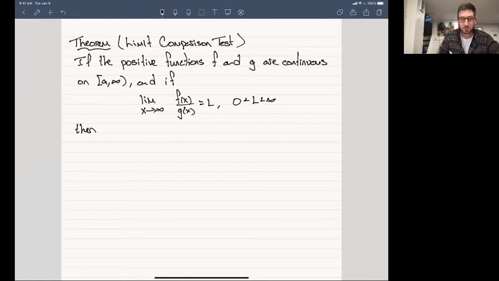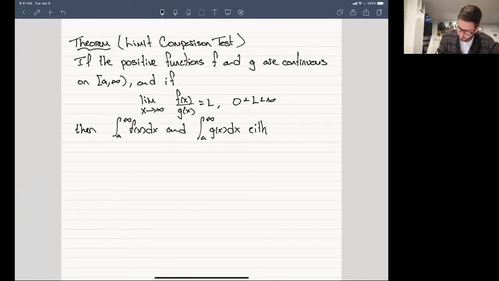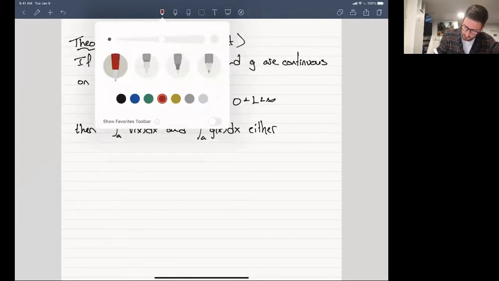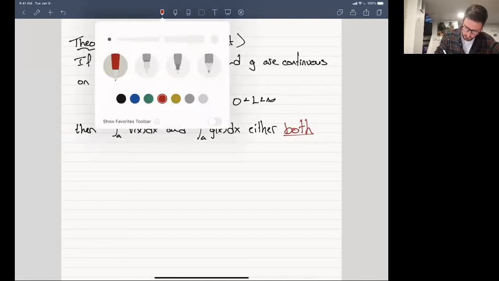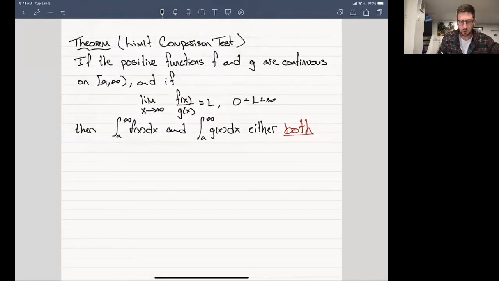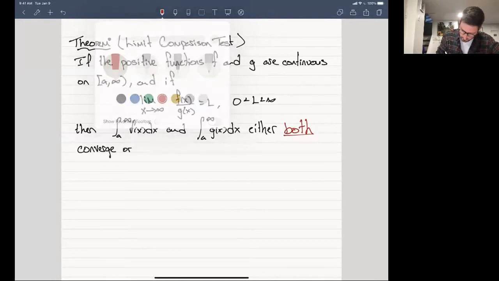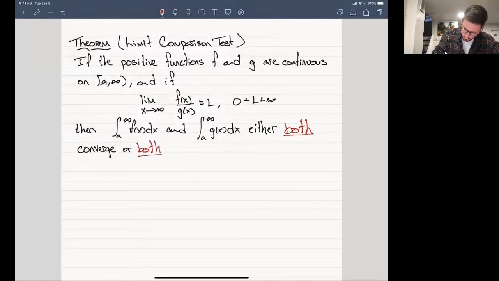Then the integrals from a to infinity of f of x dx and from a to infinity of g of x dx either both converge or both diverge.